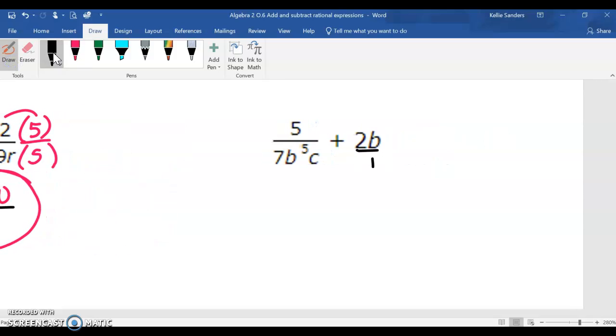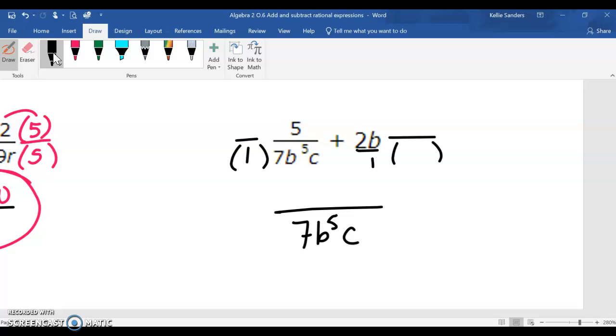We put this over 1, so the common denominator is that. So what would we need to multiply 7b to the 5th c by to be able to get 7b to the 5th c? Well, basically nothing. But to keep it all uniform, I'm going to put a 1 there.